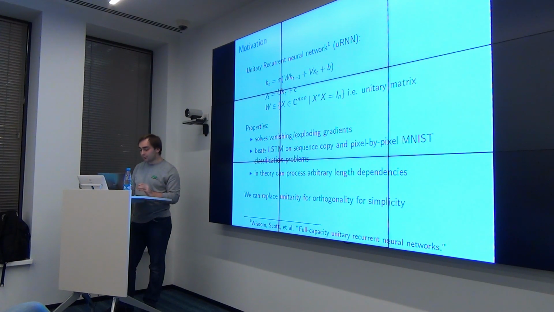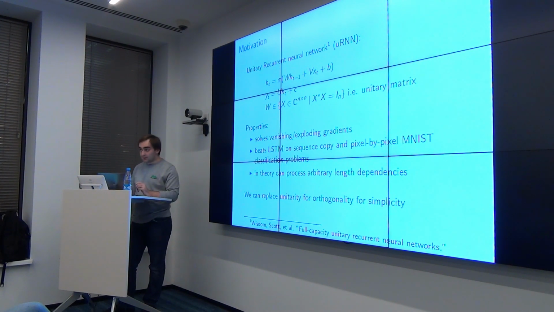So this model beats LSTM on the sequence copy task and pixel-by-pixel MNIST classification, because we have very long sequences, and unitary RNN can remember all the sequences. So for simplicity, we can replace the unitarity with an orthogonality constraint.